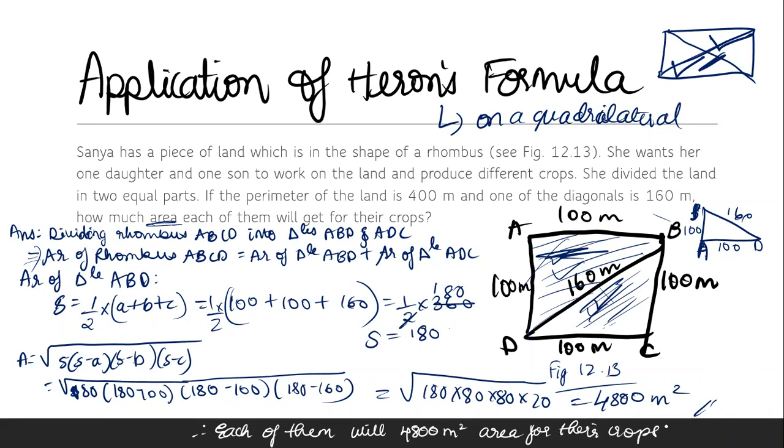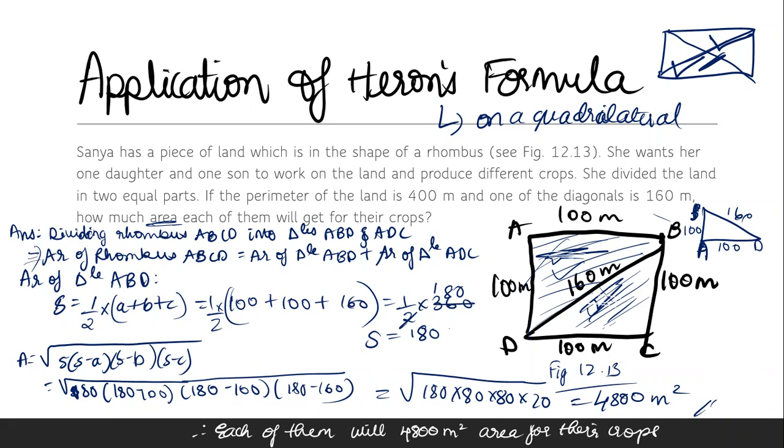Okay. So this is how we find out the area of the quadrilateral, the area of one triangle or area of the whole quadrilateral using Heron's formula. Suppose we have to find out the area of the whole rhombus. That means we will find the area of this triangle and this triangle. We will add it together to get the area of the rhombus.